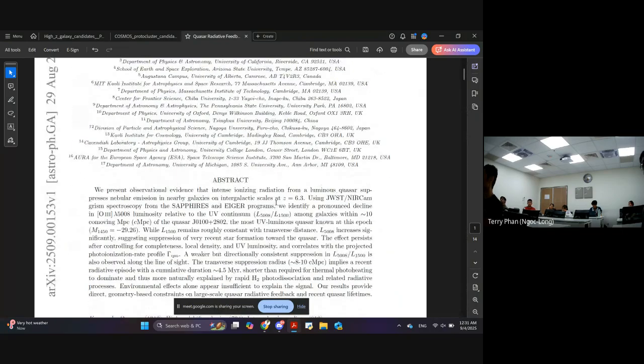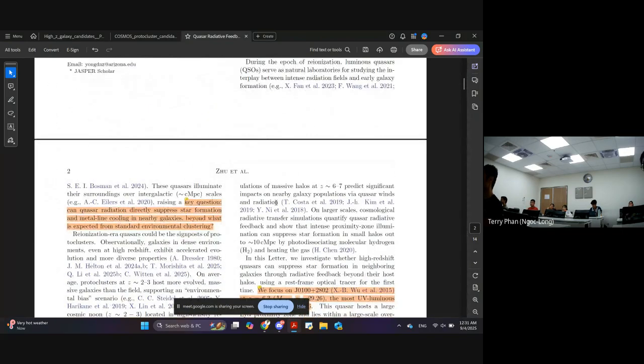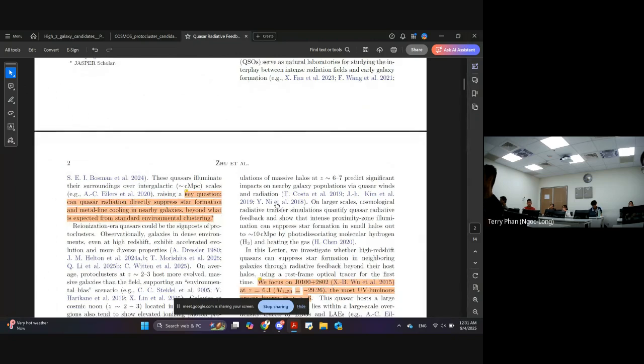The main question of this paper was whether quasars can suppress star formation and metal line cooling in nearby galaxies. They think this could be suppressed by the heating and ionization of gas in these nearby galaxies due to quasar luminosity.